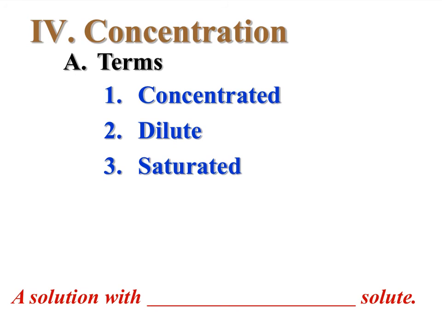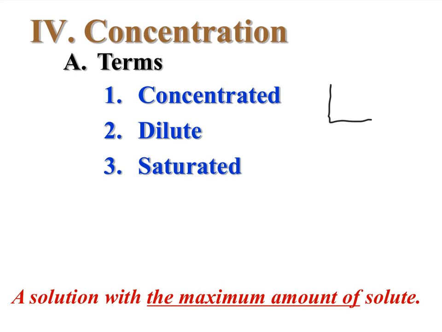A saturated solution is a solution that has a maximum amount of solute at a given temperature. Remember, the warmer it is, the more it can be dissolved, the faster it dissolves. So if you want to dissolve fast or increase how much you put into it, you can heat it up. But there's a maximum amount that water will be able to dissolve.